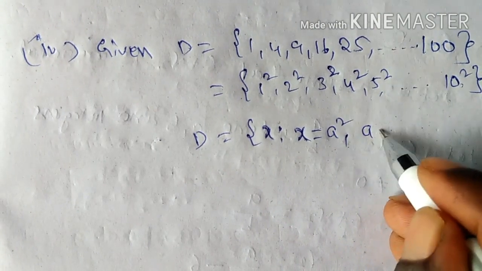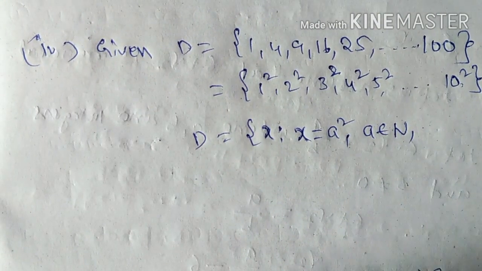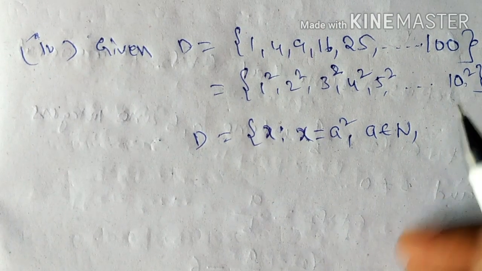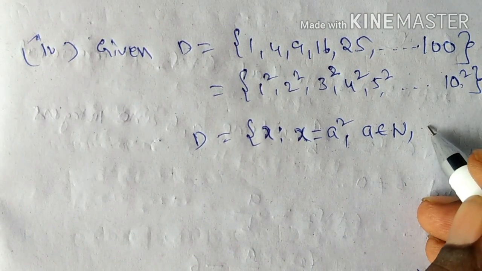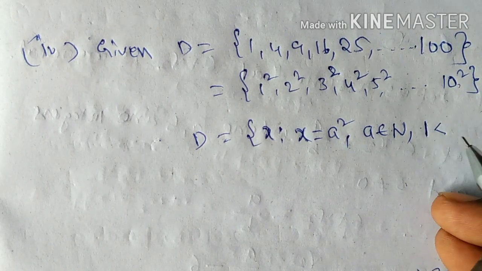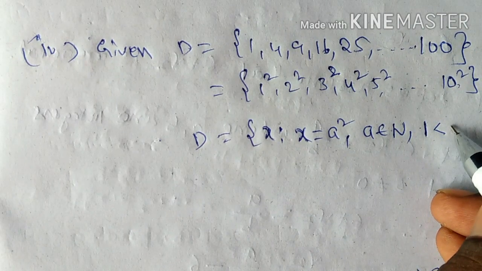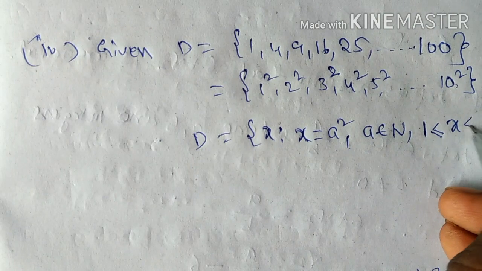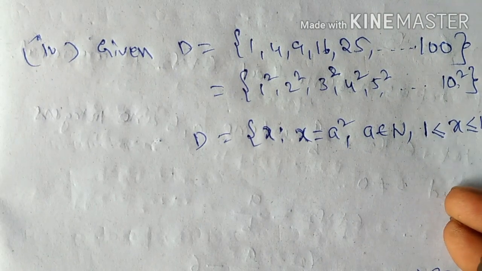So this a belongs to N and 1 is less than or equal to x less than or equal to 10.